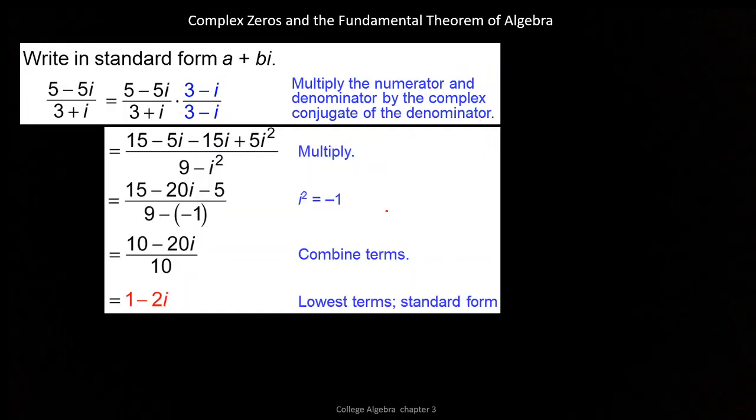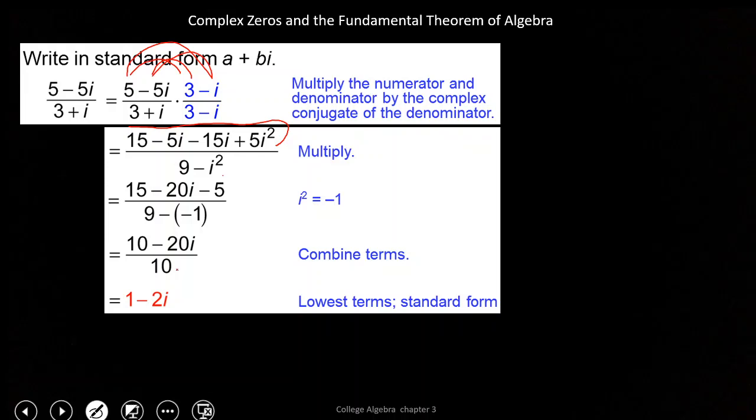So here we go. In the numerator, we just have to multiply: 5 times 3, 5 times negative i, negative 5i times 3, negative 5i times negative i. That's what we get in the numerator. In the denominator, we get 9 minus i squared, which is actually 9 plus 1, that would be 10, because i squared is negative 1.